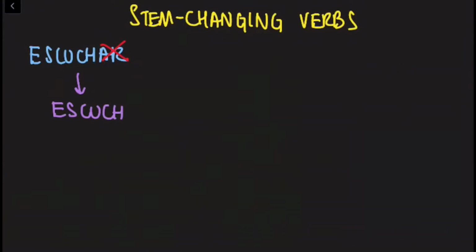Now, for regular verbs, all you have to do is add the specific conjugate ending and you're done. The stem doesn't change at all. You don't need to do anything else. But in these verbs, the stem does change because they're called stem changing verbs. So the stem does change except in the nosotros form.